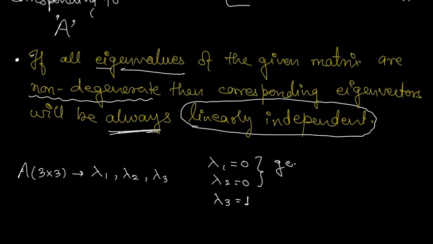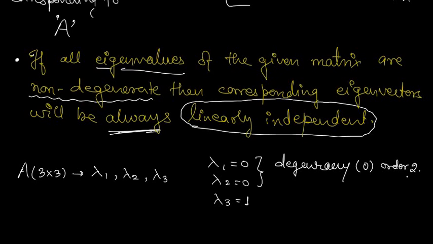So we can say there is a degeneracy of the eigenvalue 0 of order 2. If there are degenerate eigenvalues of a matrix, then you cannot comment on the linear independence of eigenvectors.